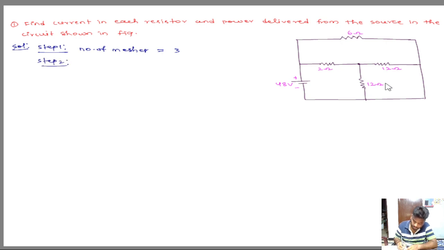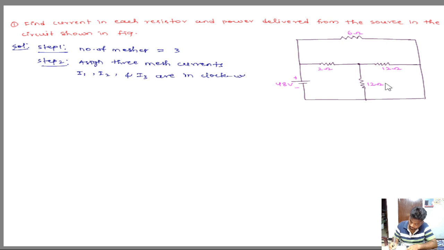Step 2, assign three mesh currents, I1, I2, and I3, in the clockwise direction only.